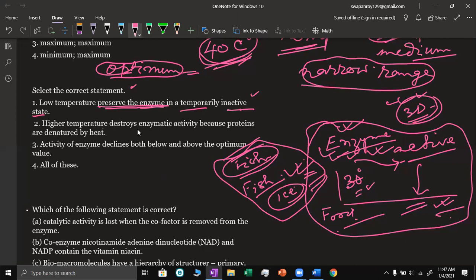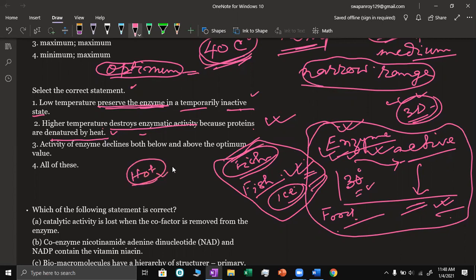Higher temperature destroys enzymatic activity because proteins are denatured by heat. This is also a correct statement. That is why, at high temperature during the summer, you have heard many people die due to the hot wave.